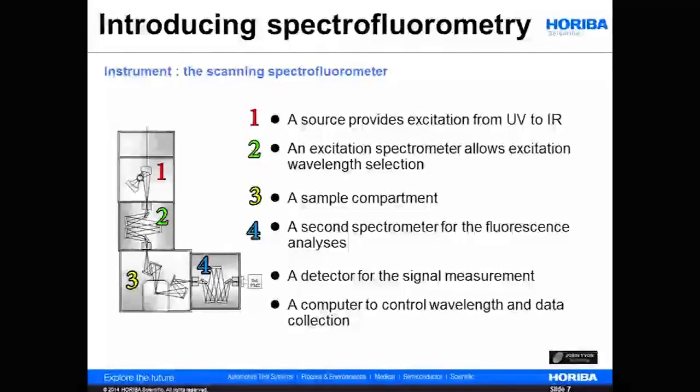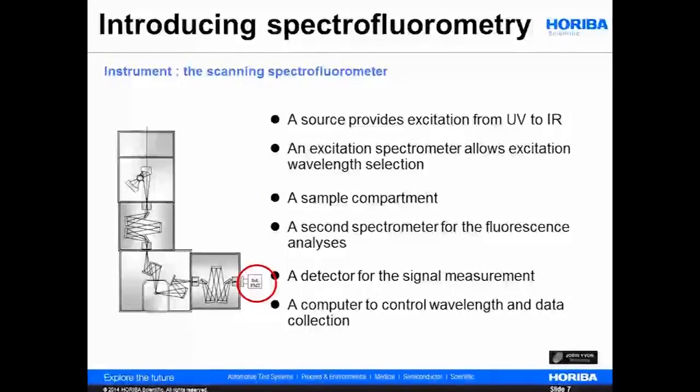The sample compartment, where a variety of types of sample can be placed, from solids, liquids, powders, thin films. A second spectrometer for the fluorescence analysis, which scans the light emitted by the sample. Then a detector to record the signal, and of course a computer to control the wavelength scanning and the data collection.